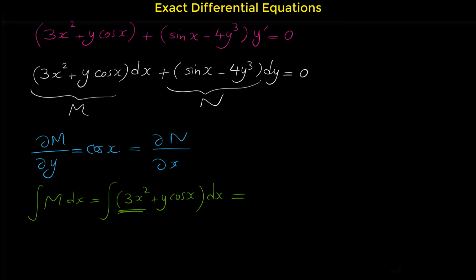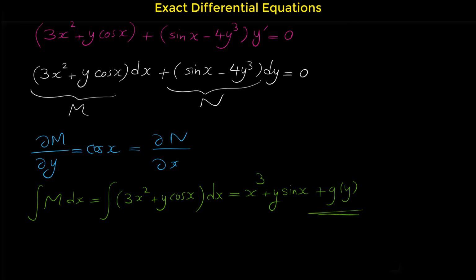The integral of 3x^2 is 3 times x^3 over 3, and if we cancel 3 with 3 here, it equals x^3. And the integral of y cos x with respect to x: y is a constant, we write the constant, and we integrate cos x. And the integral of cosine is sin x. Don't forget you have to add g of y here as the constant of the integral.